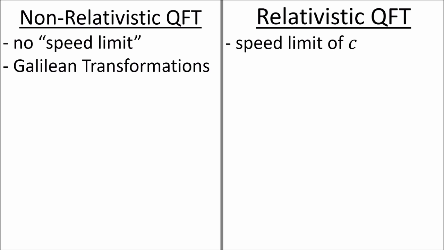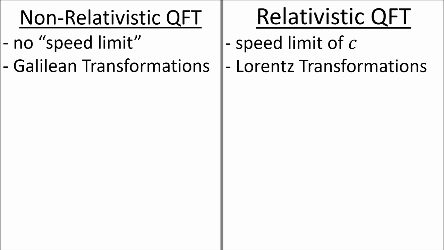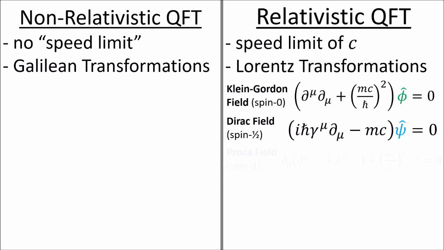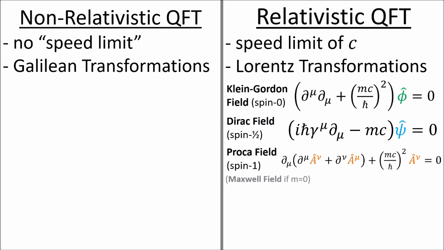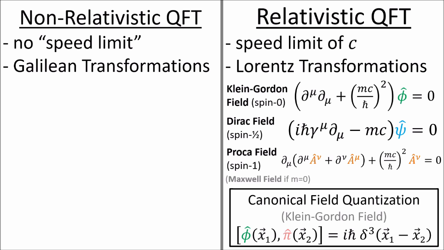However, if the field disturbances are limited by the speed of light c, we are working with a relativistic quantum field theory, and the form of the field's Lagrangian density will remain the same under Lorentz transformations. We've seen several examples of relativistic quantum fields which are used in particle physics, where particles are often traveling close to the speed of light.